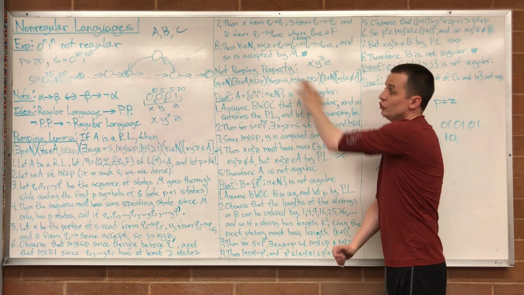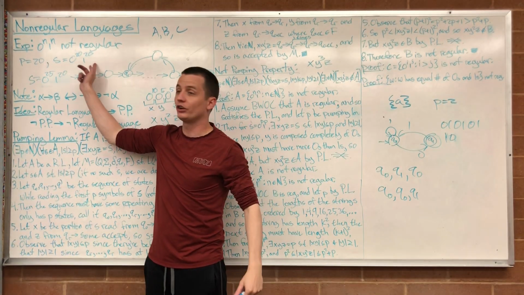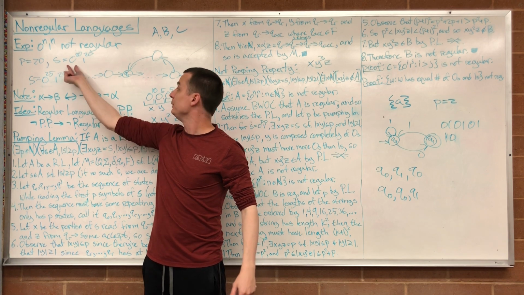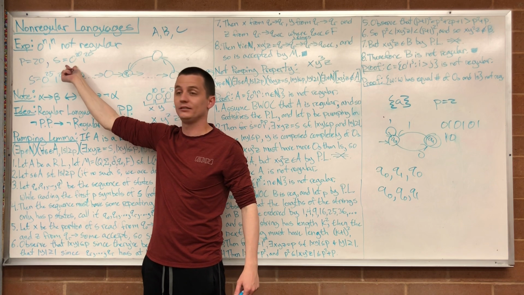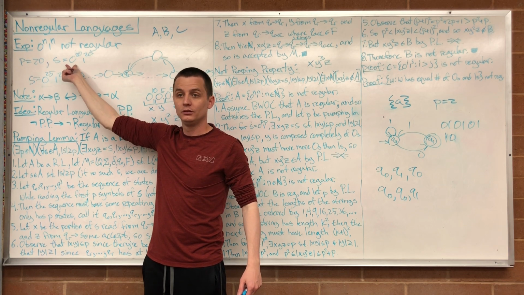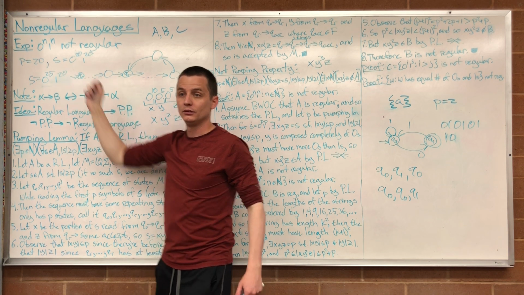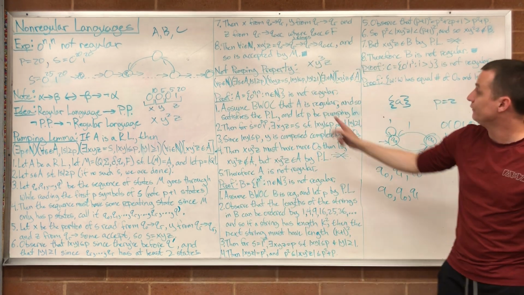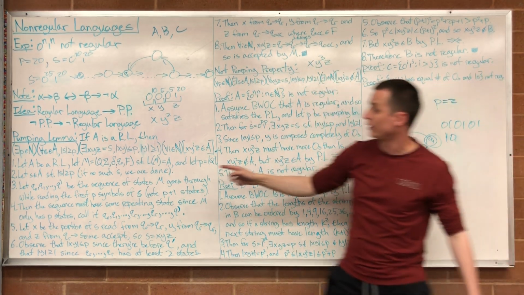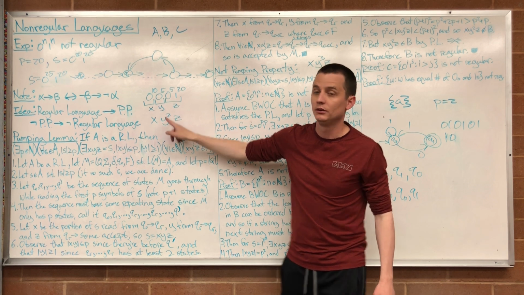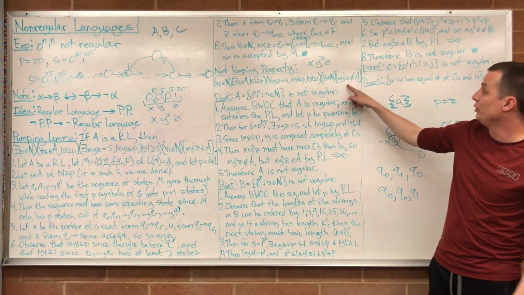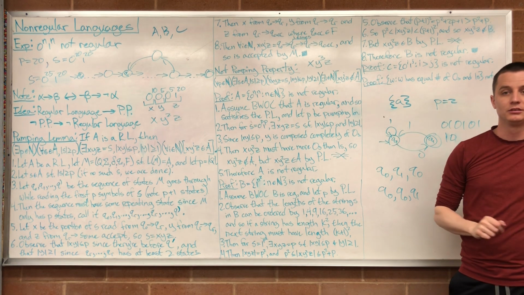Such that no matter how you break up this string, keeping the xy part less than 20, so the xy part has to be in the zeros, I can find a number to pump it up. The number I chose was i equal to 2, such that the new pumped up string is not in the language.